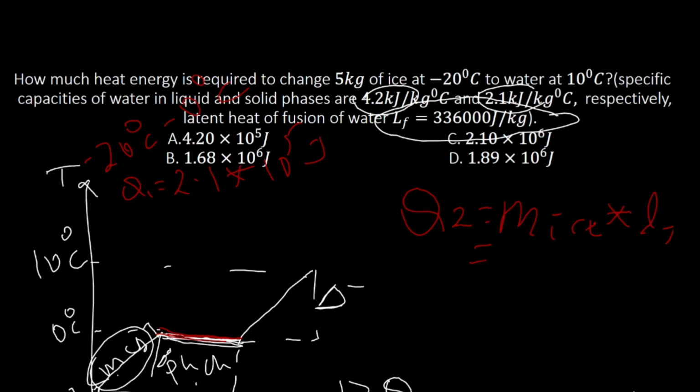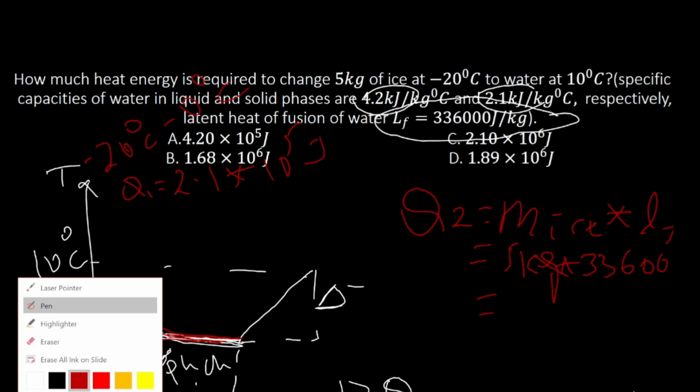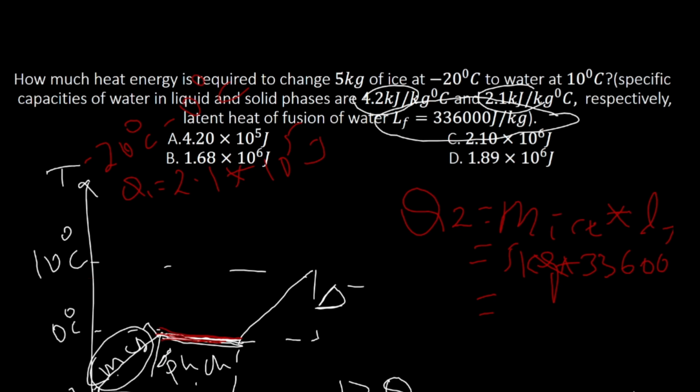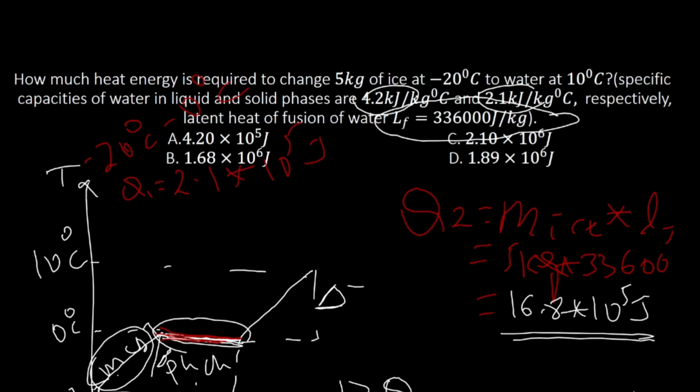The mass of the ice was 5 kilogram, so 5 kilogram times 336,000 joule per kilogram. Kilogram will go away with kilogram, and this will be 16.8 times 10 to the power of 5 joule. This will be the latent heat that we need.